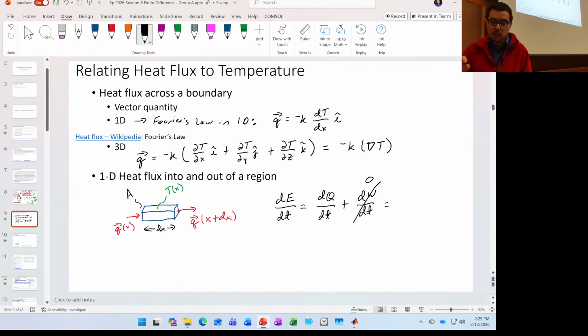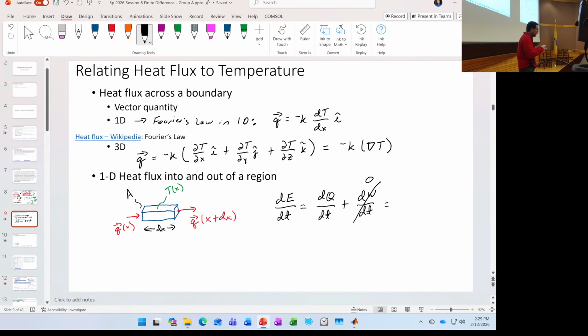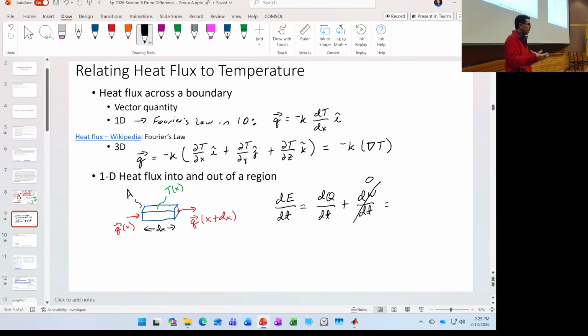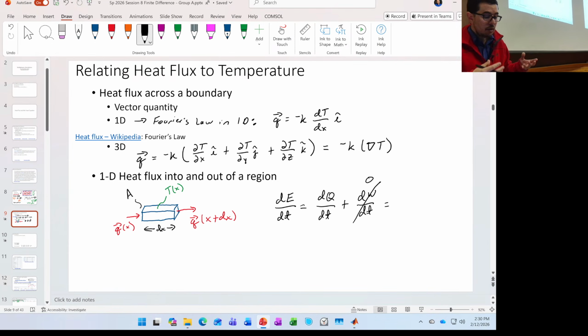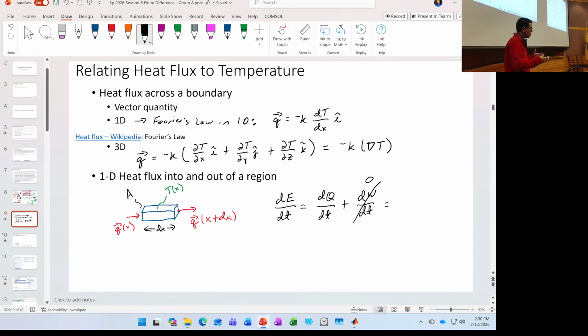Going back to your high school physics, if I have a block of material and it has a specific heat, or a heat capacity for a large object, I can relate that heat capacity to a change in energy to figure out what the change in temperature is going to be.